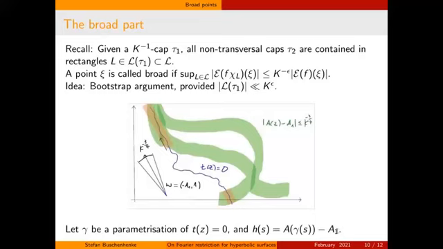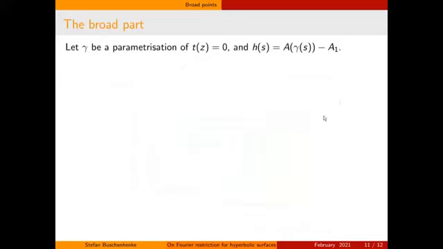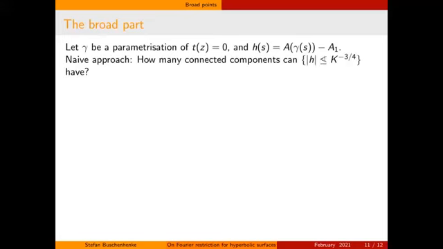Being in this green set just means that h of s is smaller than k to the minus 3 over 4. I repeated the notation here. So basically what we have to understand is the set where h is less than k to the minus 3 over 4.